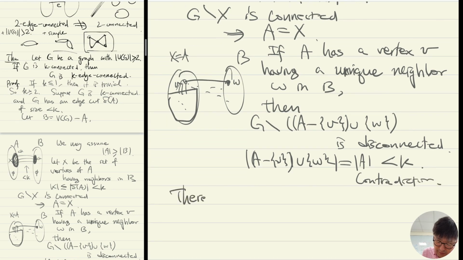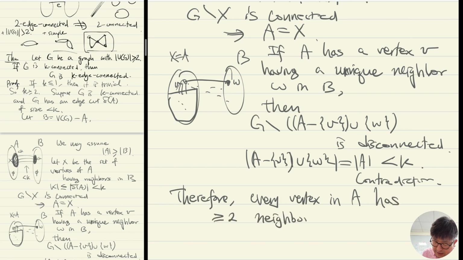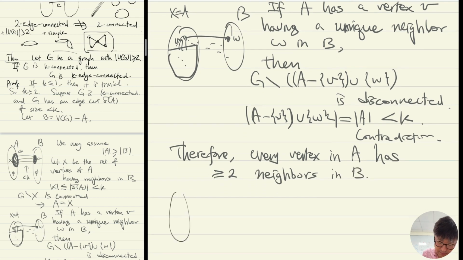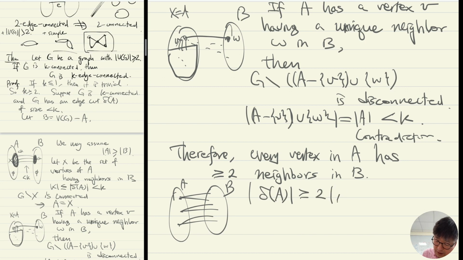Therefore, every vertex in A has at least two neighbors in B. Right? Every vertex in A has at least two neighbors in B. So the number of edges, so delta of A is going to be at least twice A, because every vertex in A has at least two neighbors.